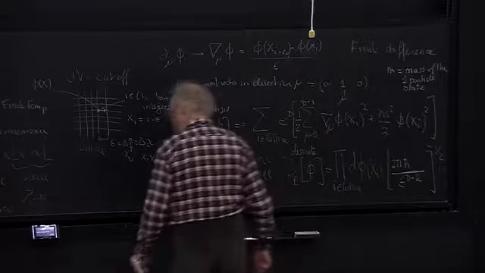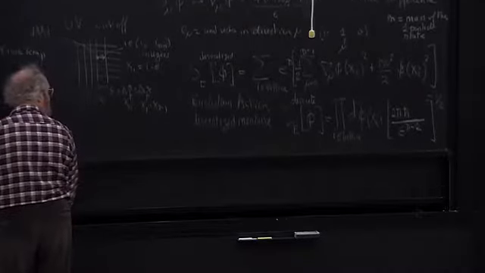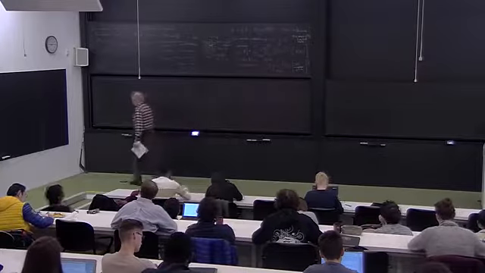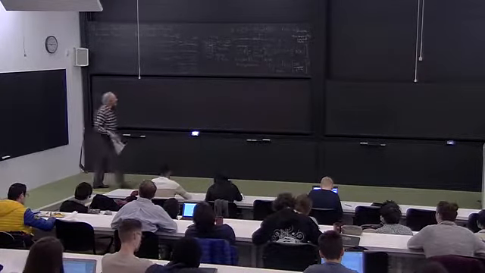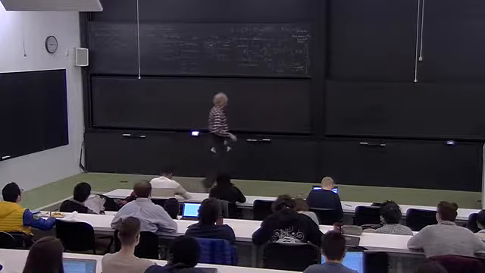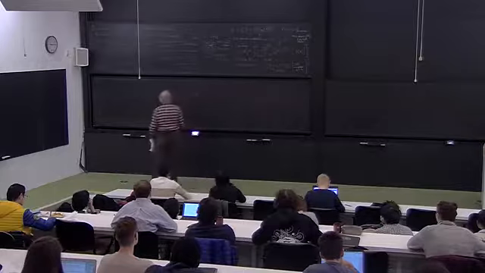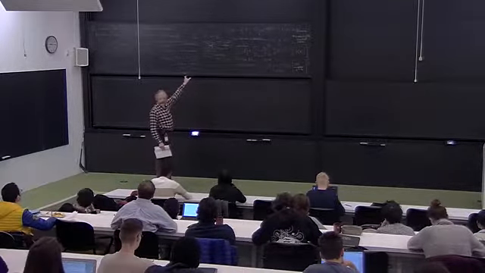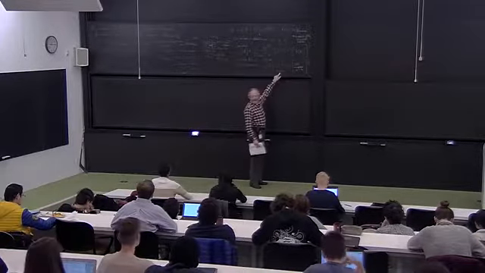So this is the path integral. Take this as a definition of the path integral. We have a discretized action and a discretized measure. So if we have a finite lattice, a lattice that has a finite size and a finite mesh, we integrate over a finite number of variables.